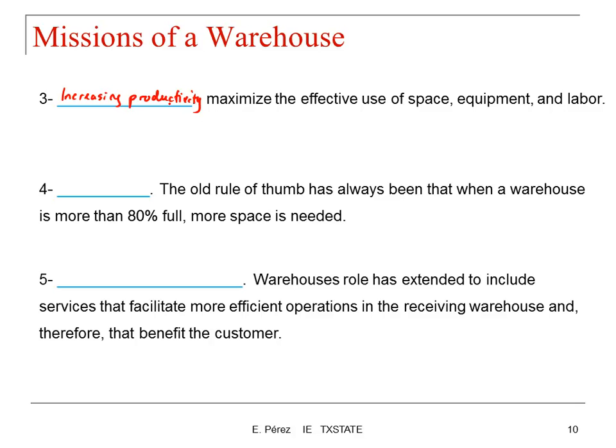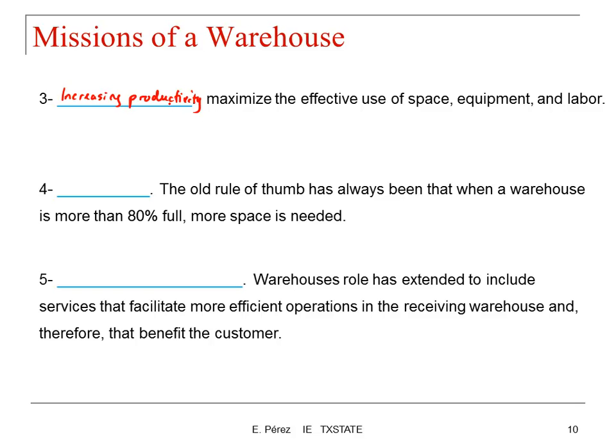You have the space, you know what the constraints are, and you want to find the optimal location for your items that will give you the best utilization of your space. So when you look at this statement, maximize or minimize, what you're trying to do is to solve an optimization problem. You are not looking for one solution. You are trying to find the best solution out of all the solutions that are available. So you want to maximize the effective use of space, equipment, and labor.